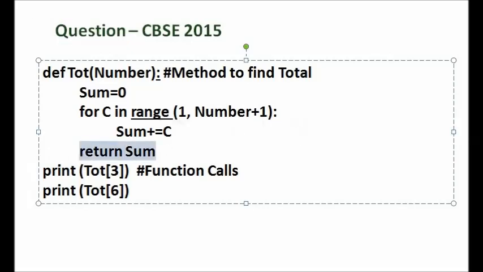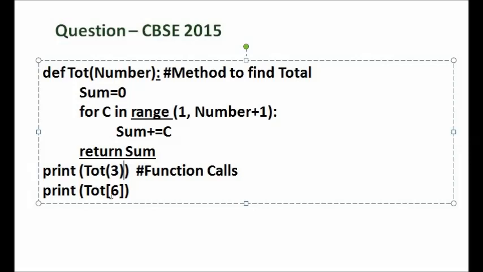Underline the correction. The next statement, print tot of 3. Here this tot is a function, and this 3 is the argument that we are passing to this function. That is, this one is a function call. So you have to give round bracket instead of square bracket.